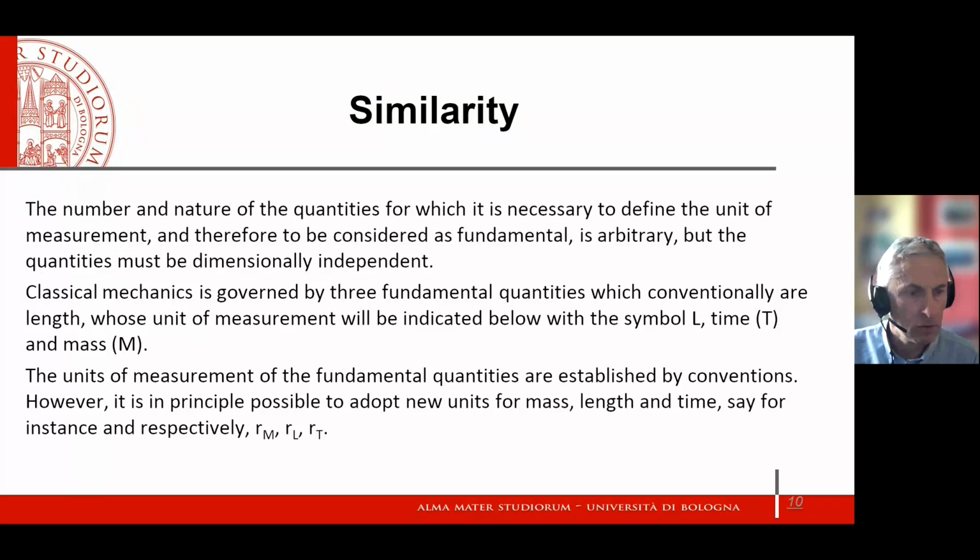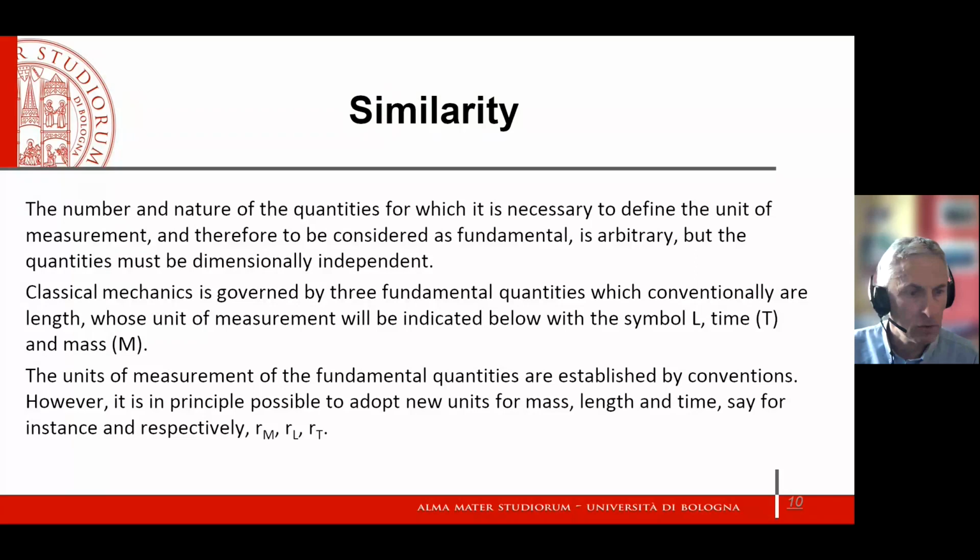On the other hand, once we have defined a process and the quantities that I need to describe, the number of the fundamental units is uniquely identified. But I don't want to make an easy story complicated. Let's now say that in classical mechanics, we need three fundamental quantities, and these are usually length, time, and mass.